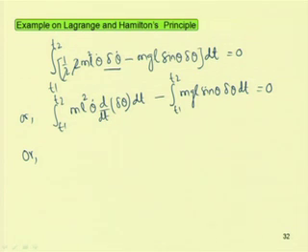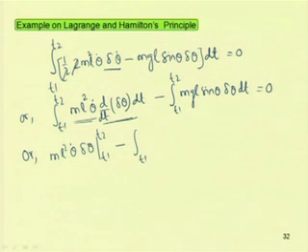One can integrate this by parts, taking this as the first function and the other as the second function. The first function remains as it is, and the integration of the second one gives δθ from T1 to T2, then minus the integration from T1 to T2 of the differentiation of the first function.